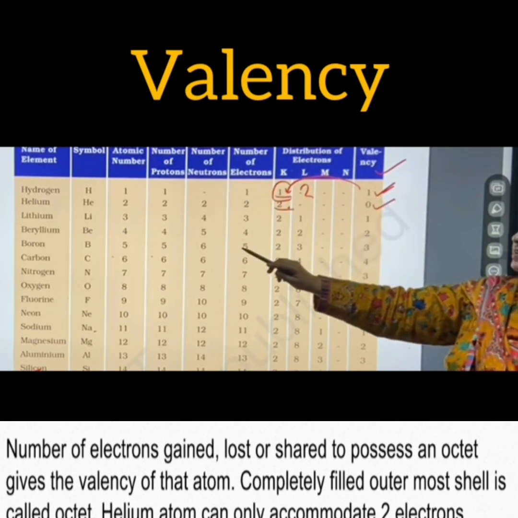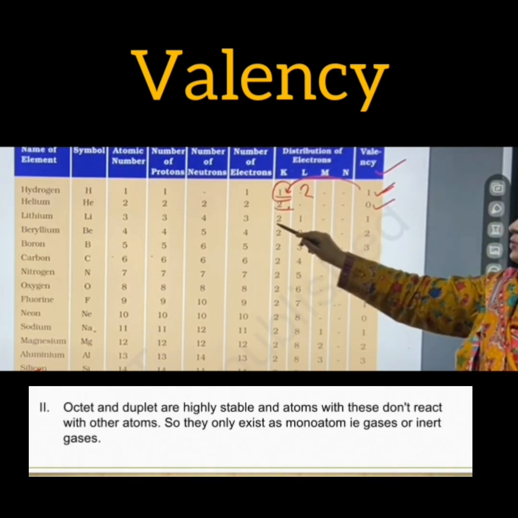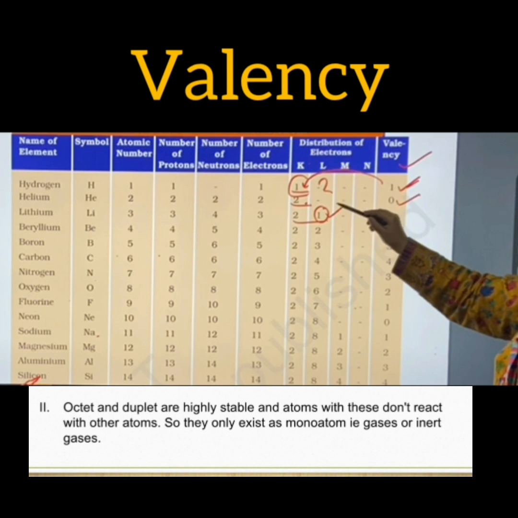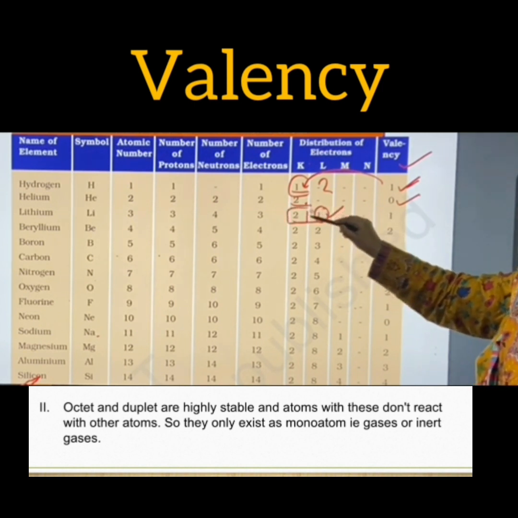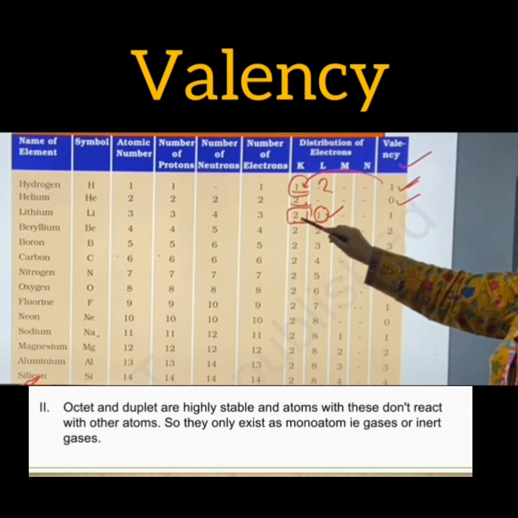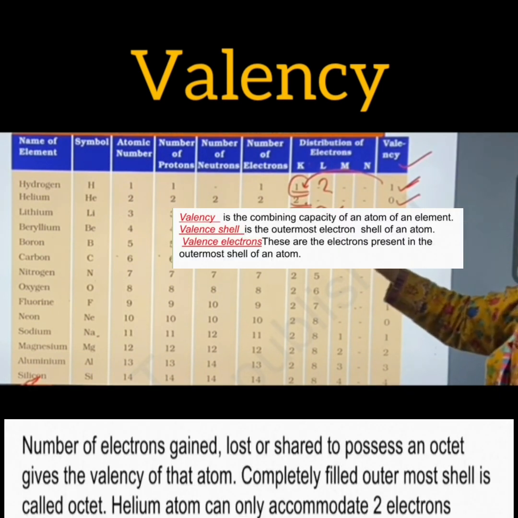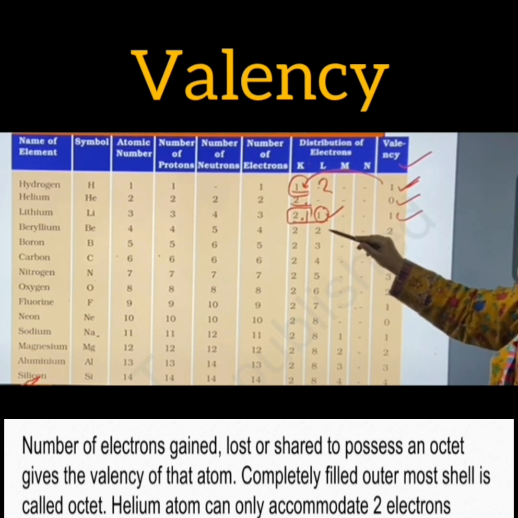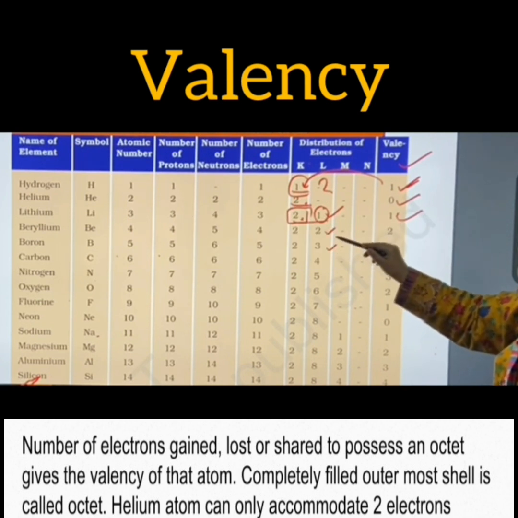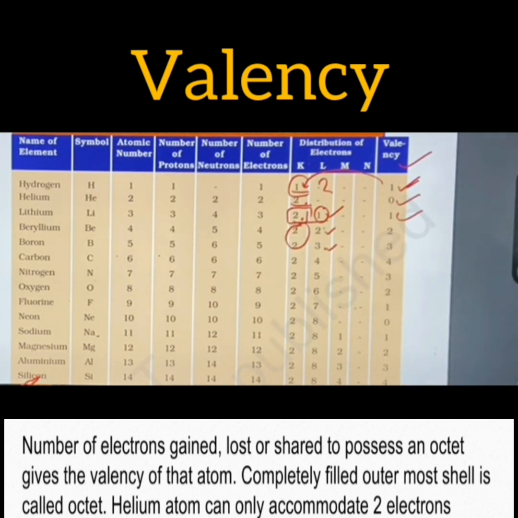But if we take the case of lithium, lithium has atomic number 3, and it can lose its one electron. By losing one electron, it comes to a completely filled K shell. So the valency is 1. In the same manner, for the next ones, by losing 2 or 3 electrons, the element can attain a completely filled orbit.